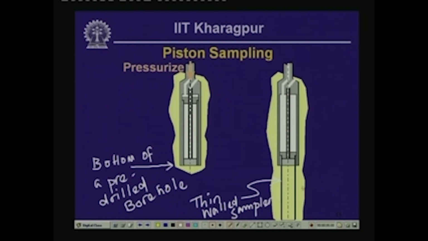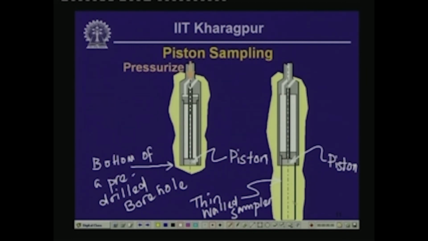At the end of the stroke, this has gone into the soil underneath, and the piston, which was originally at this particular location, remains at the same elevation. So, this is the location of the piston after the sampler has been inserted, and you can compare it with the original elevation of the piston. Both these sketches are constructed at the same vertical elevation, and they show the section of the sampler.